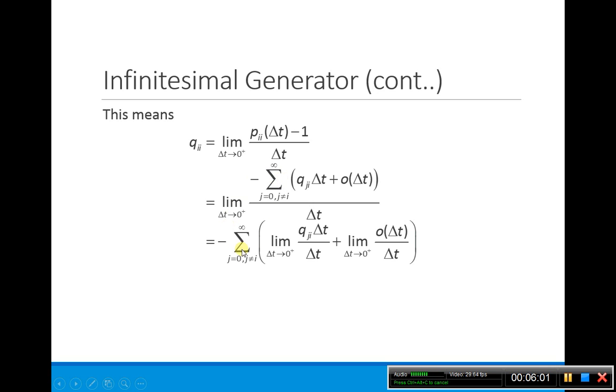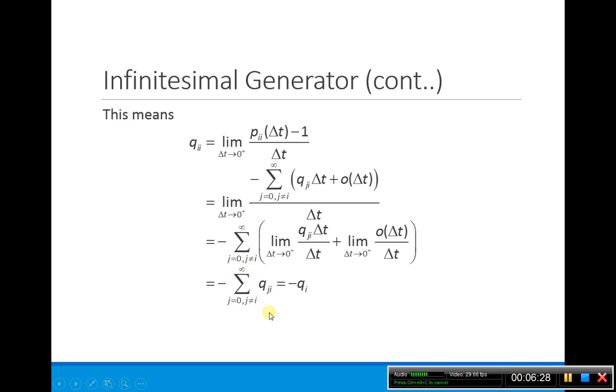So we can bring this sum out and we can look at the limit of qij delta t over delta t, and we have the limit of order of delta t over delta t. Remember, this thing always goes to 0. Here the delta t's cancel out. So the limit of a constant is just a constant. So we just have minus the sum, j goes from 0, not equal to i, to infinity of qij.